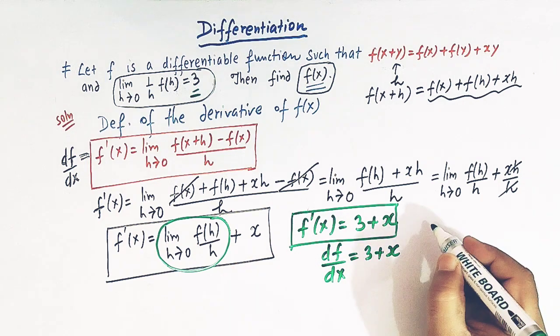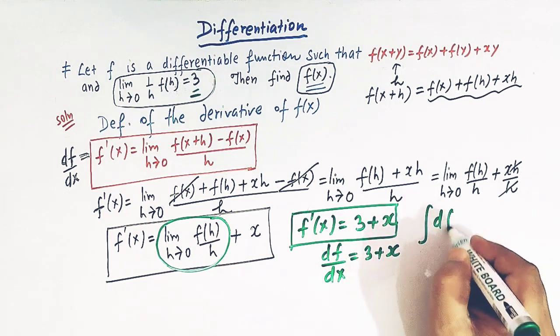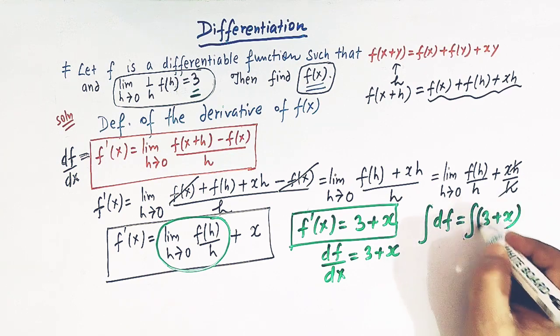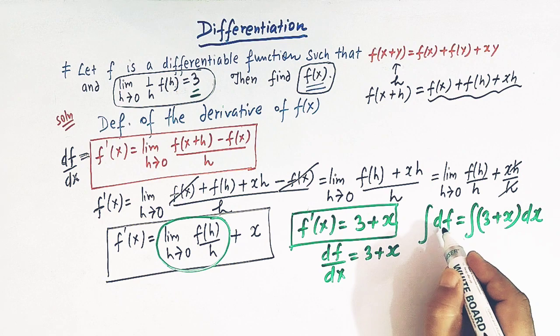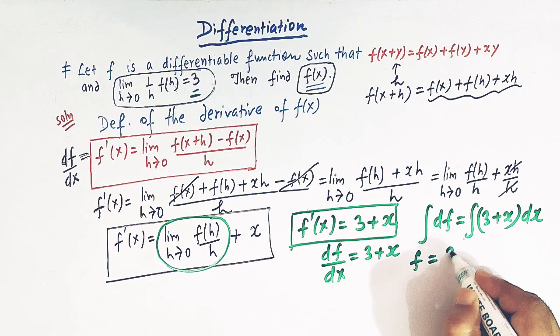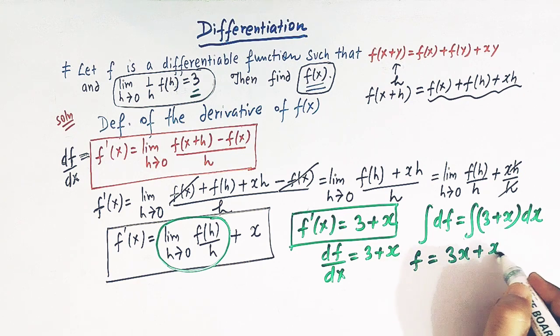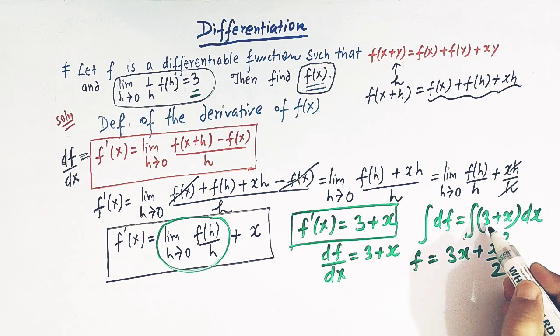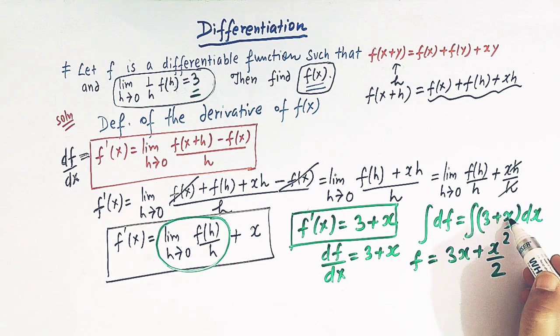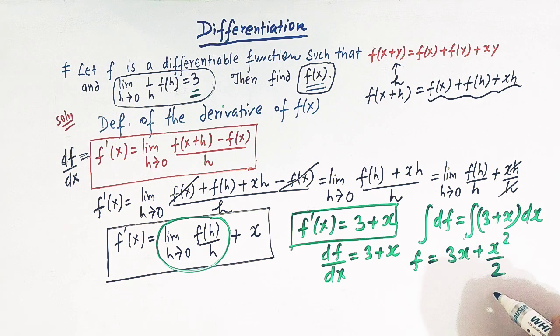Now integrating both sides, we have the integral of df and the integral of 3 plus x dx. The integral of df is simply f, and here we have 3x and x square over 2. The integral of 3 dx is 3x, and the integral of x is x square over 2, and here we have the constant of integration.